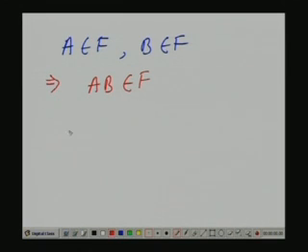Well, we can always write AB as the complement of (A bar union B bar), using De Morgan's law. Now, we know that if A is an element of F, then A bar is an element of F. Similarly, B bar is an element of F, and since both are elements of F, their union is an element of F, and the complement of that union also is then an element of F, which means AB is an element of F.